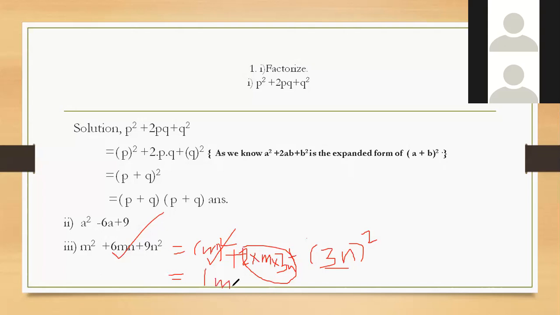That's why it is the formula of which one? (M plus 3n) what? Whole square. And how many factors are there now? One factor is M plus 3n, and another factor is also M plus 3n.